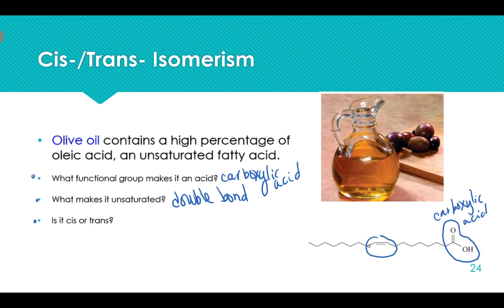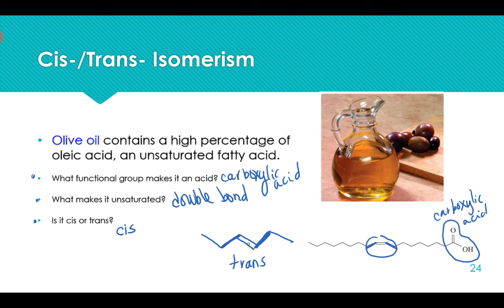And we can see here that those 2 lines are coming out in the same direction, and so that makes it cis. A trans fat would look like this, where this and that are coming out in opposite directions.